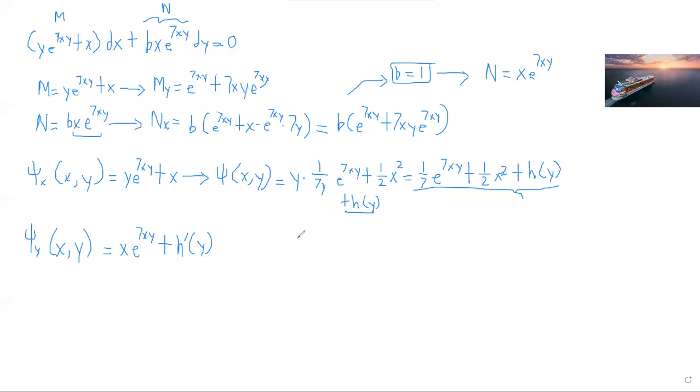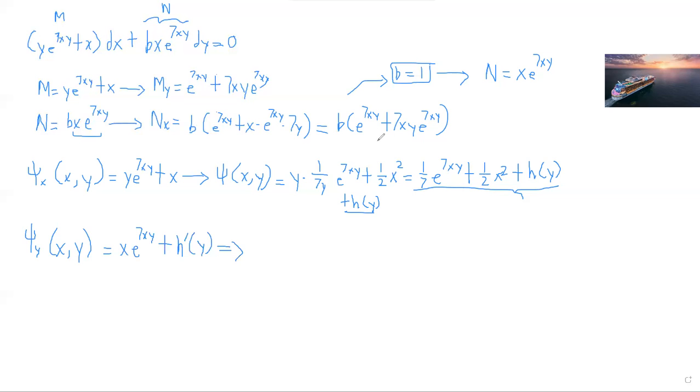Okay, so let's compare this. Where was your N? N was x e to the power of, oh wait, hang on. Did I mess something up? No, I didn't mess anything up.